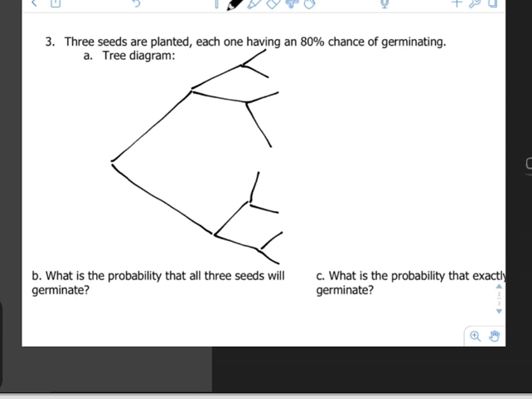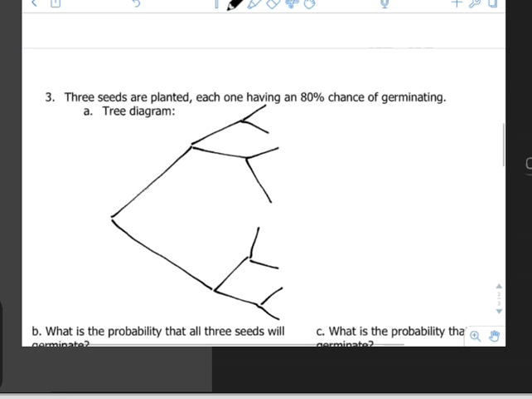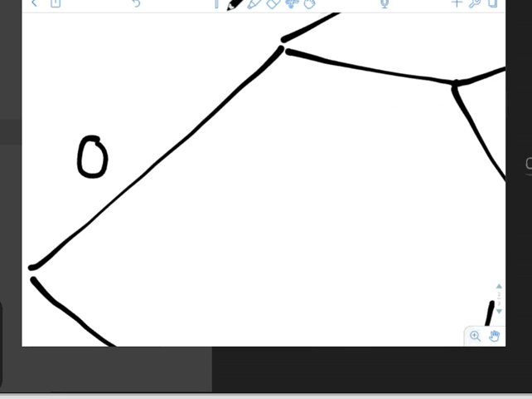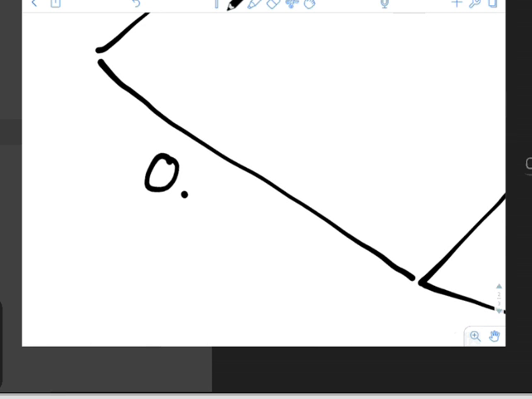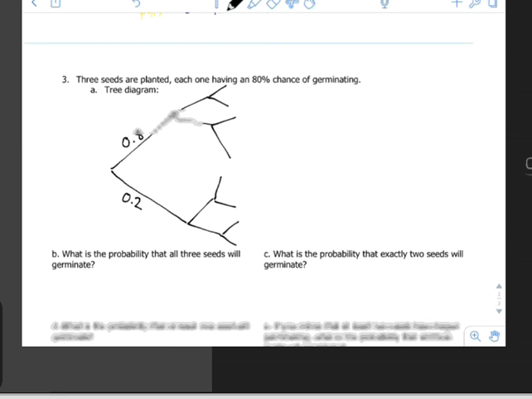All right, now we just need to figure out the answer at the end of each branch. Could you put a 0.8 here and a 0.2 here? Awesome. Just like that, on each of your branches, you need to label a 0.8 and a 0.2.